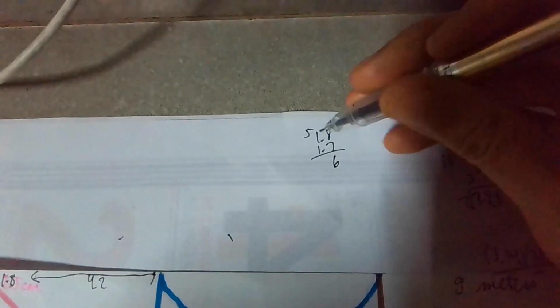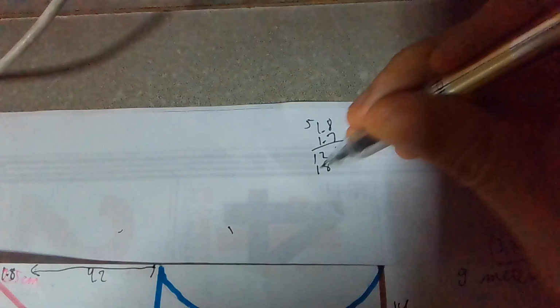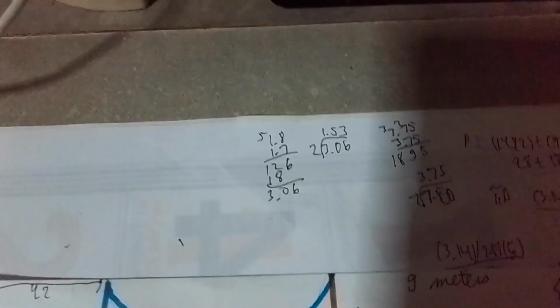If I were to use this, it goes like this: 306. So therefore, the area of the triangle is 1.53.